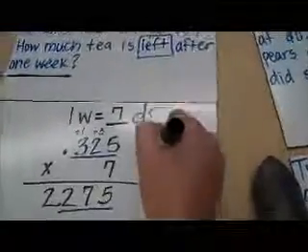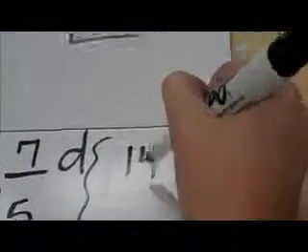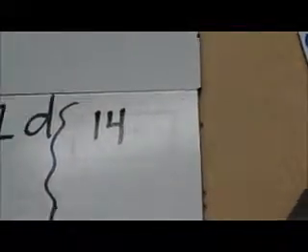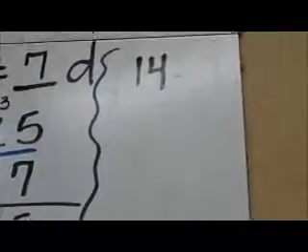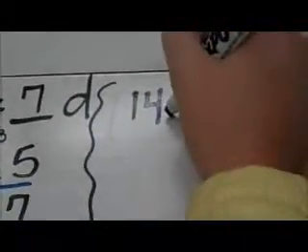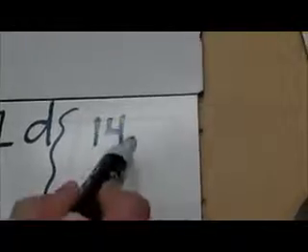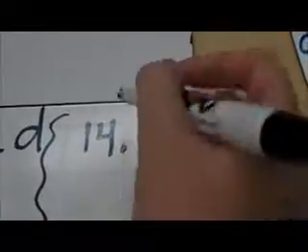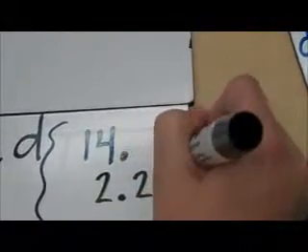So I'm going to kind of squeeze in over here, and I'm going to take 14 and I'm going to subtract 2.275. Here's where subtracting with decimals and adding decimals can get tricky. You have to line up your decimals. So in the number 14, I know my decimal is there, and I'm going to go ahead and put 2.275.